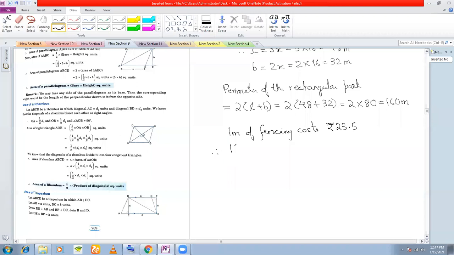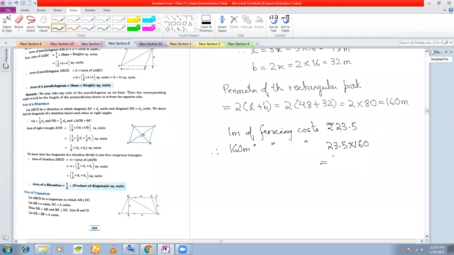Therefore, 160 meter of fencing costs 23.5 into 160. If you multiply these two, it will come to 3,760.